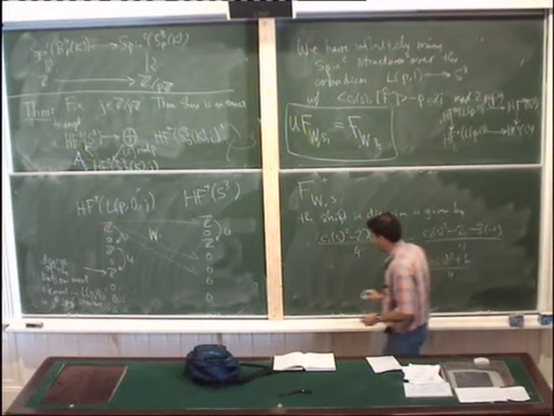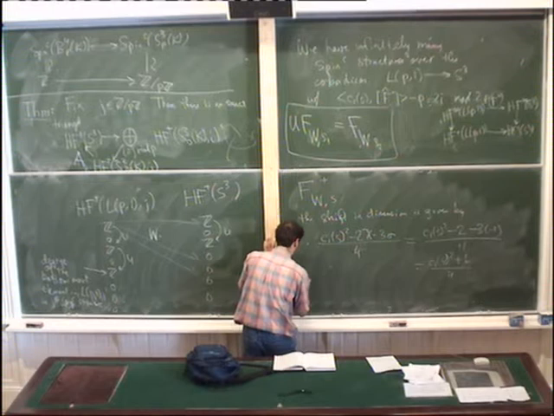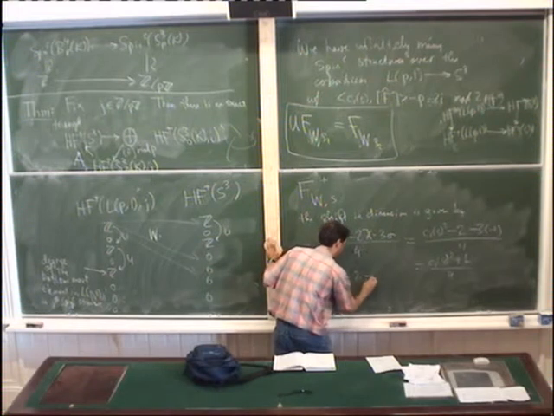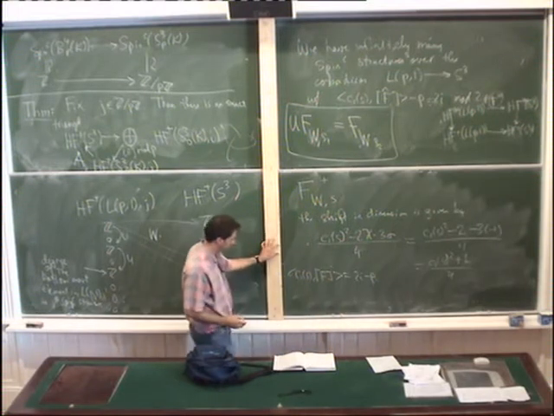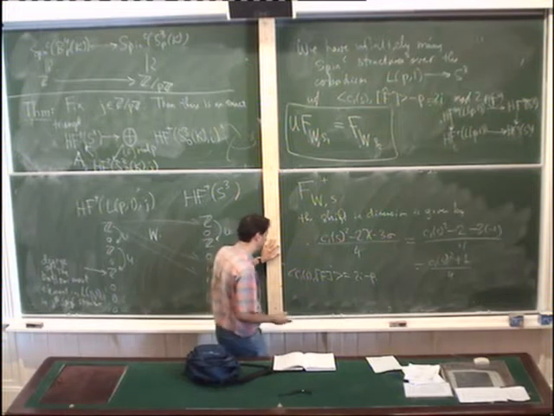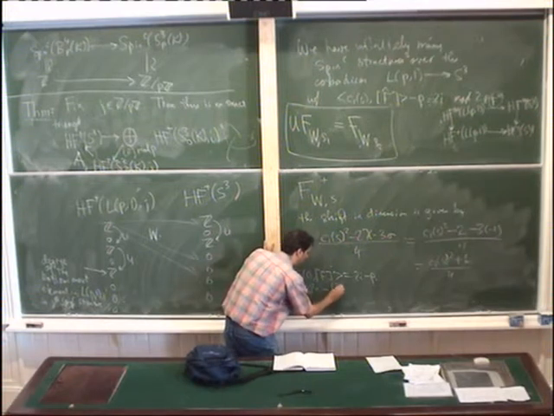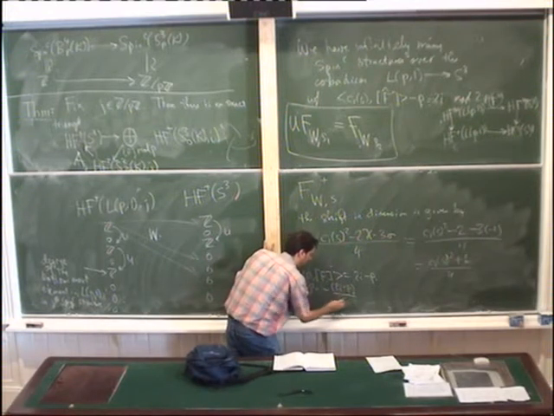But what is c1 of S? We said that c1 of S evaluated on our surface is supposed to be equal to 2i minus p. Well, that means that c1 of S squared must be equal to minus (2i minus p)² over p.